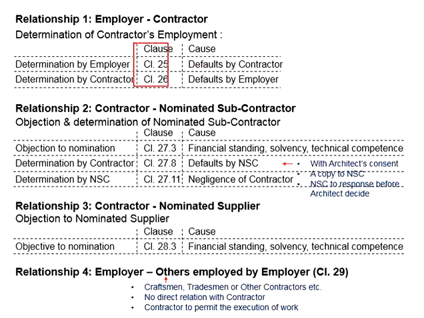The main difference between these two clauses is who is the root of the problem. When there is default by the contractor, the employer has the right to remove the contractor from the project, and this is known as determination of the contractor's employment by the employer under clause 25.